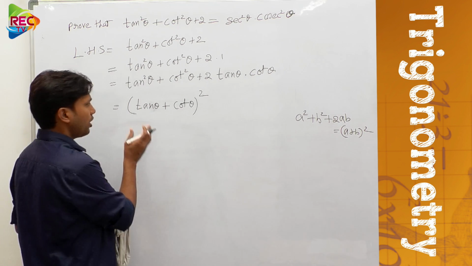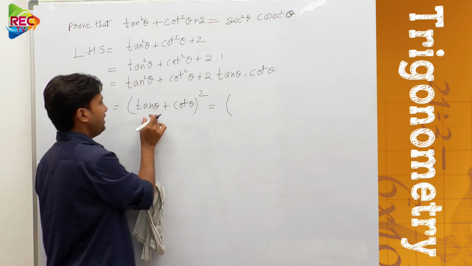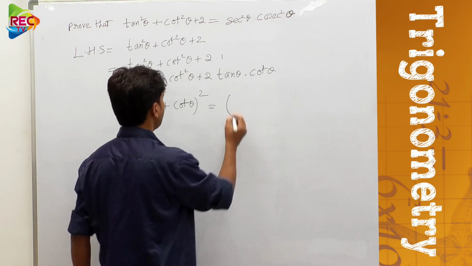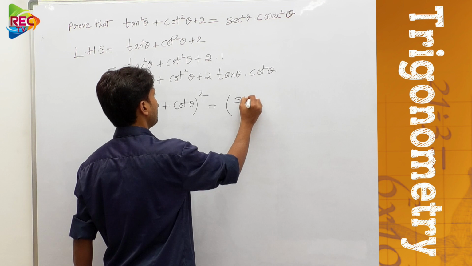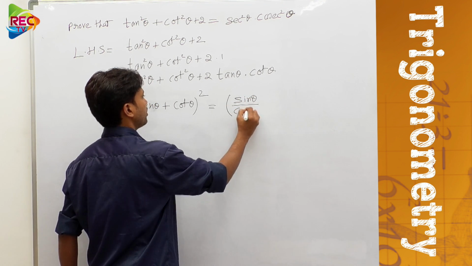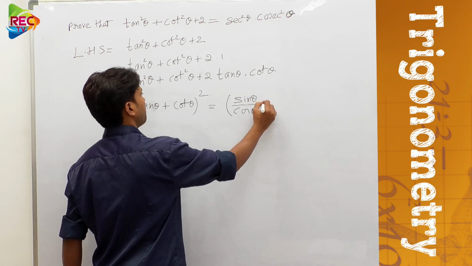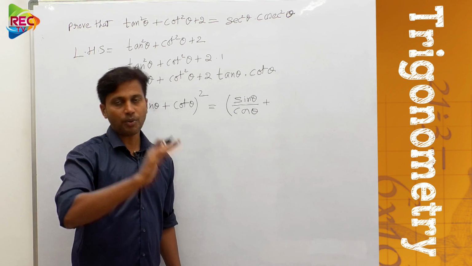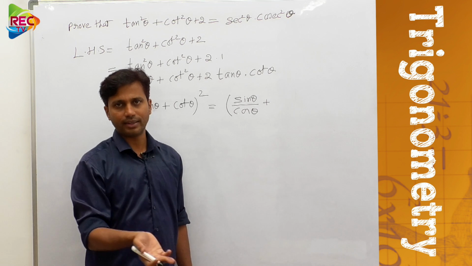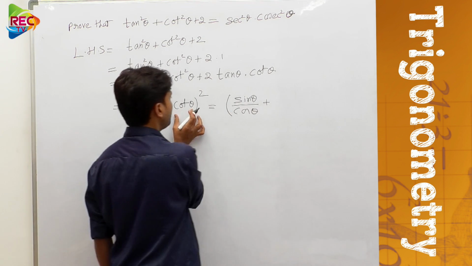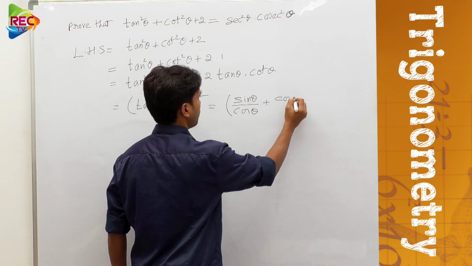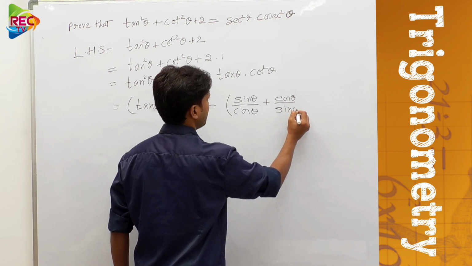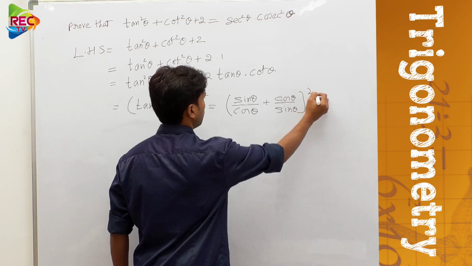So now in order to simplify this, tan theta can be written as sin theta upon cos theta, plus cot theta can be represented as cos theta upon sin theta, which is the reciprocal of tan, to that whole square.